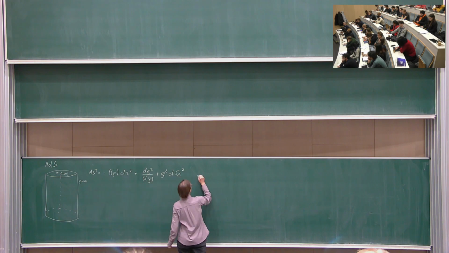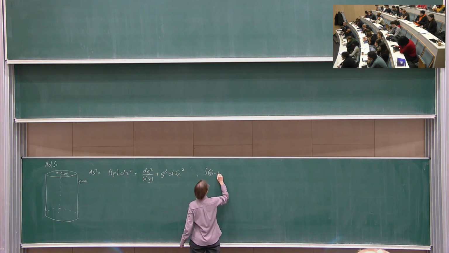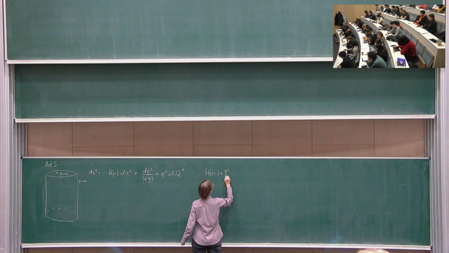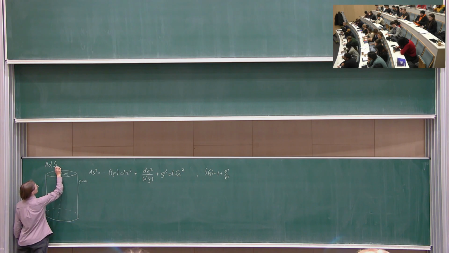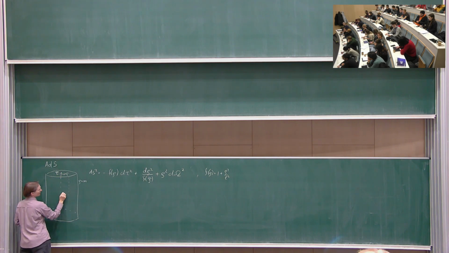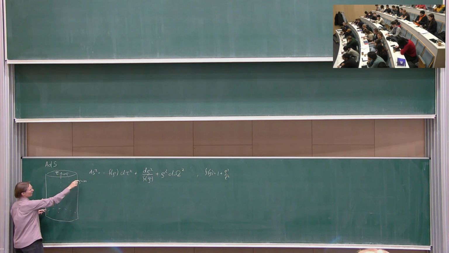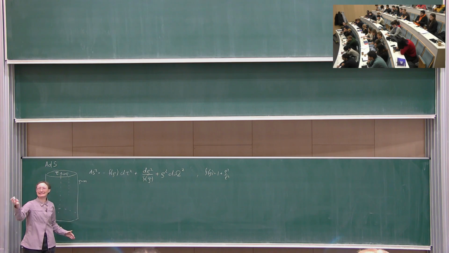with, in this case, f of rho just 1 plus rho squared over L squared, where L is the AdS length. So rho equal to L would be, roughly speaking, halfway to the boundary in a set of coordinates where what I am plotting, the blackboard metric, would have been tan of rho.